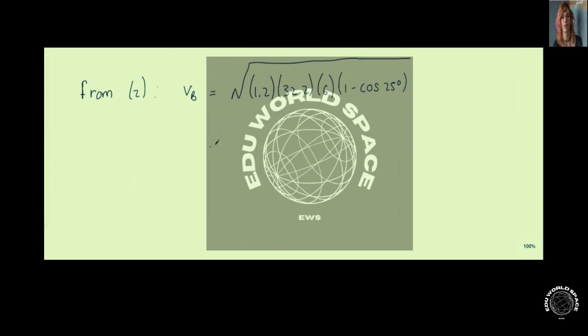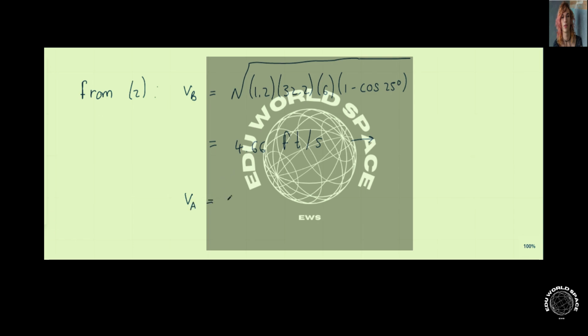And hence we get v_B to be 4.66 feet per second, and this is to the right. So at the point at which it passes under block A, it is moving horizontally to the right.